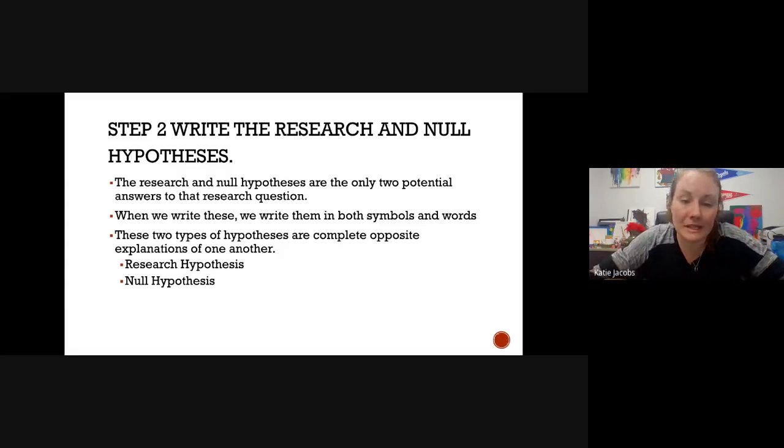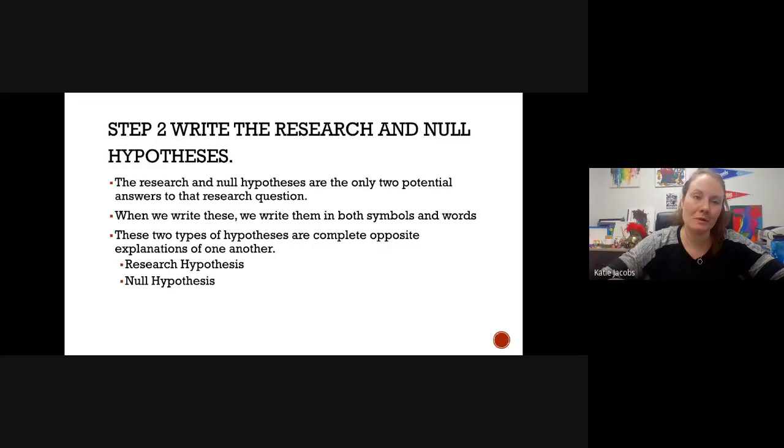Okay, so again, it's a research and null hypothesis. Our symbol for research hypothesis will be capital H sub 1 and then a colon. So you'll want to put that on your handy dandy symbol sheet right now. You can pause me if you need to do that. And then our symbol for the null hypothesis will be capital H sub 0 and then a big colon.